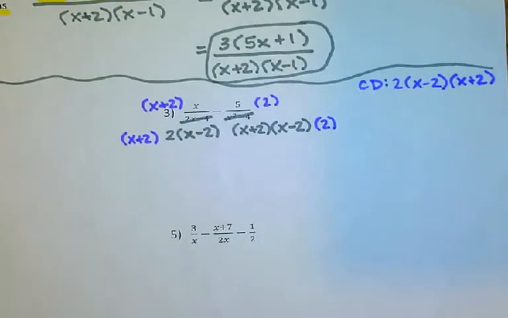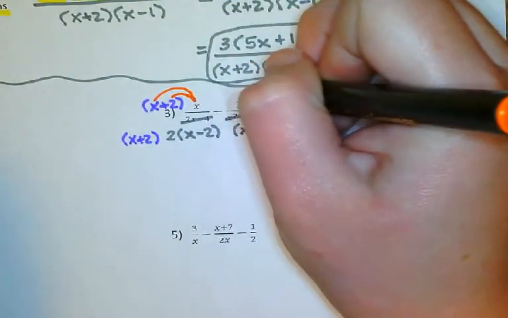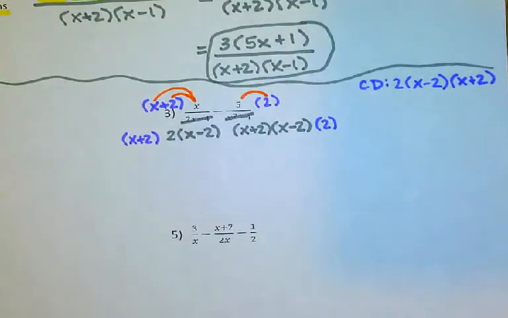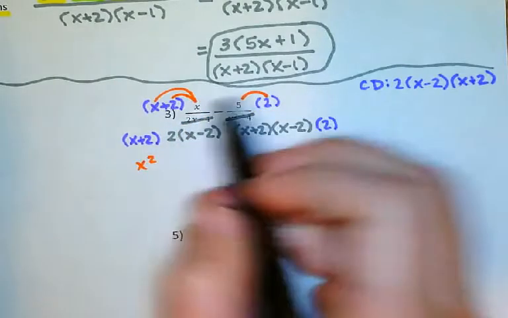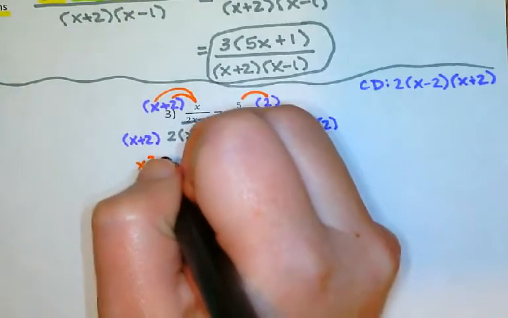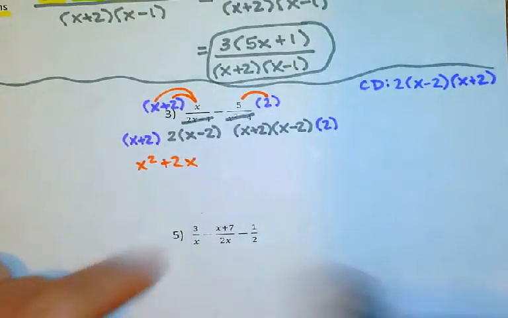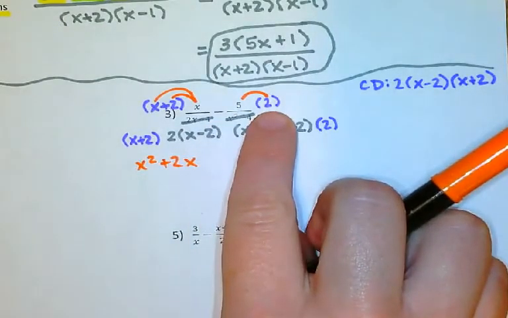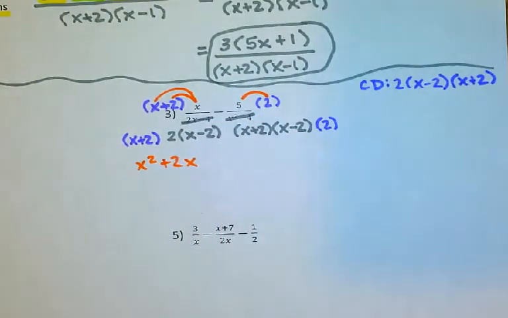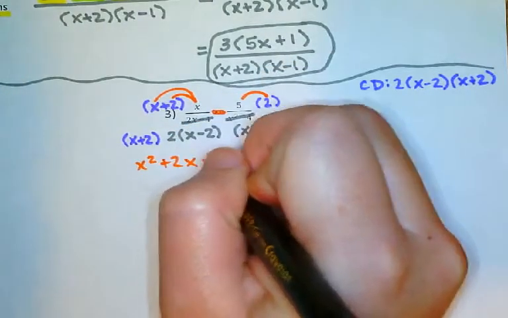Alright, so now our next step is to distribute. So what we're going to get is x times x is x squared. 2 times x is plus 2x. Then we have this minus sign. 5 times 2 is 10, but instead of saying plus 10, because of our minus sign right here, that means it's going to be minus 10.